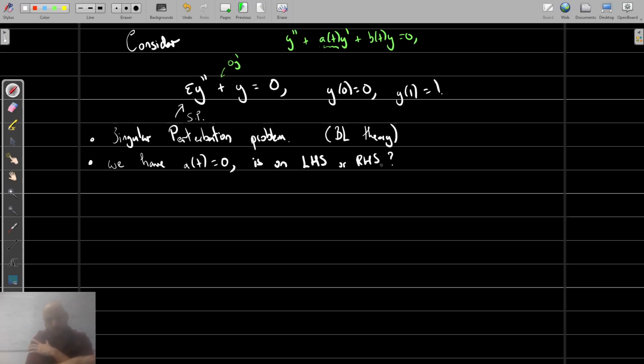Okay, so we've already kind of hit a stumbling block there, but maybe it's not so bad. Maybe it's okay. Maybe there's a boundary layer on the left hand side. So let's continue with boundary layer theory and let's think about what we do next. The next thing we normally do is we try and solve for the outer solution.